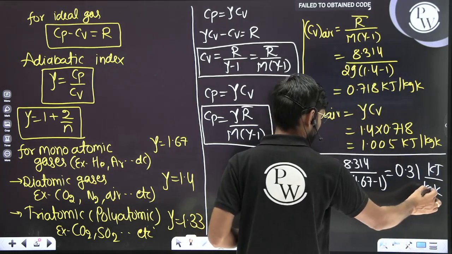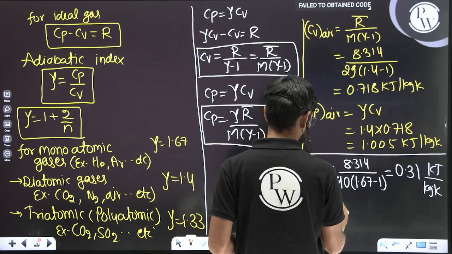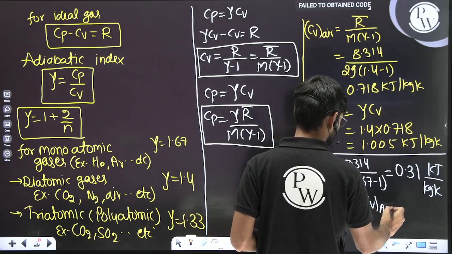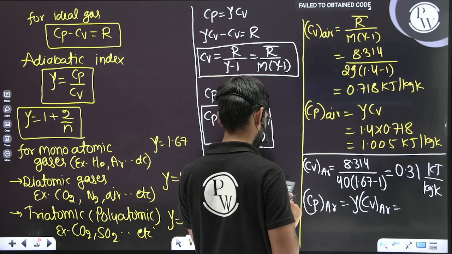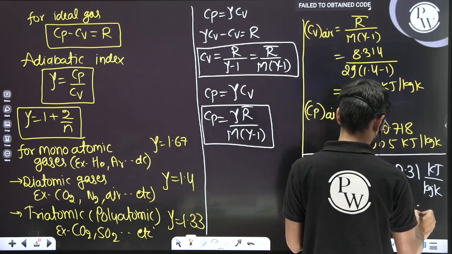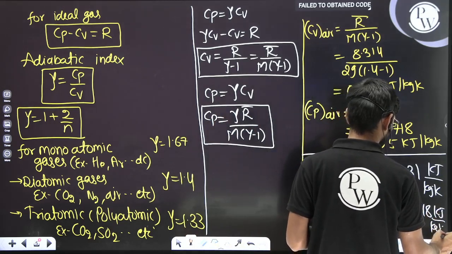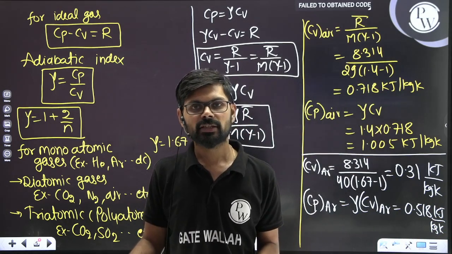Now if I calculate the Cp value of argon, then it will be gamma times the Cv value of argon. So just multiply with gamma, that is 1.67. This gives 0.518 kilojoule per kg Kelvin. Clear? Is it clear to everyone?